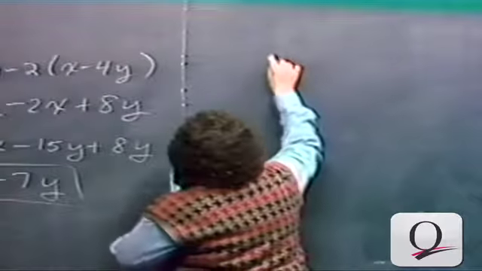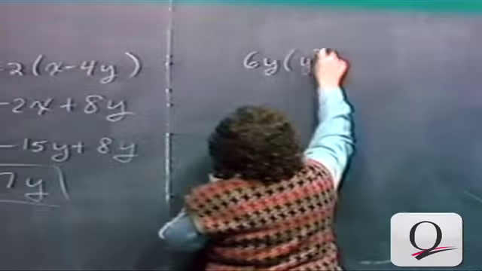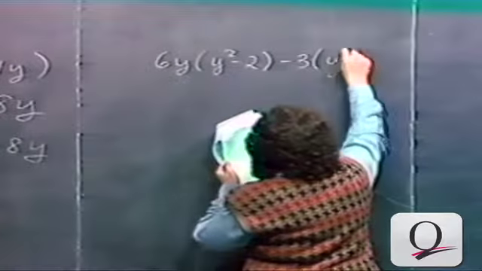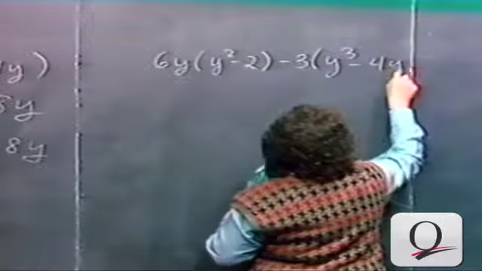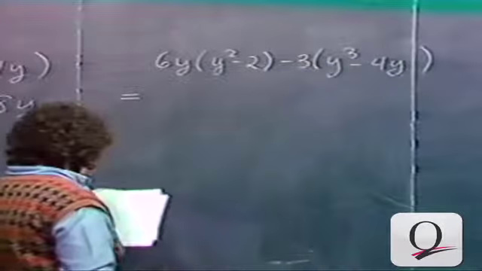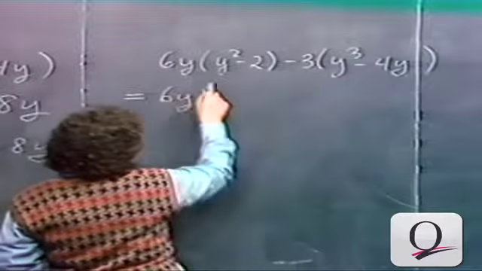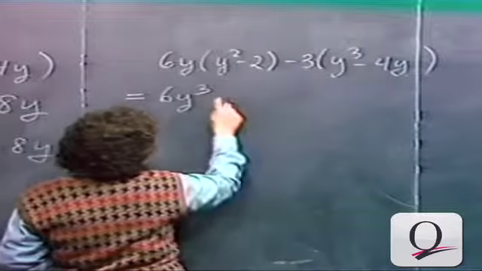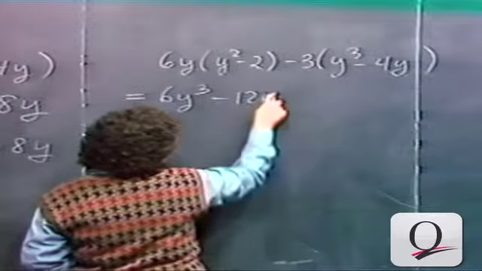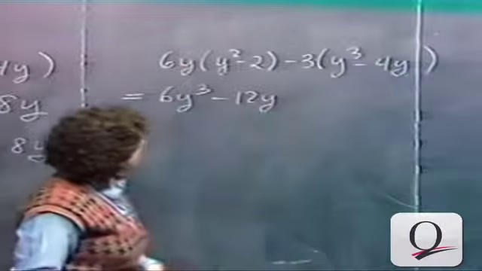All right, what about this example? 6y times y squared minus 2 minus 3 times y cubed minus 4y. We have here 6y times y squared, which is 6y cubed, minus 6y times 2, which is minus 12y.